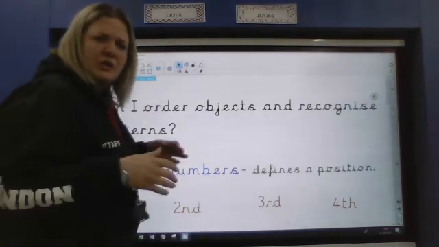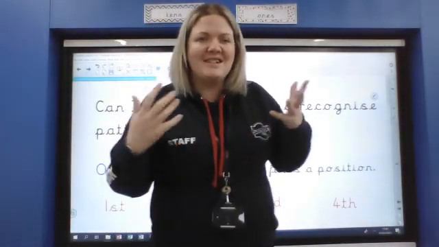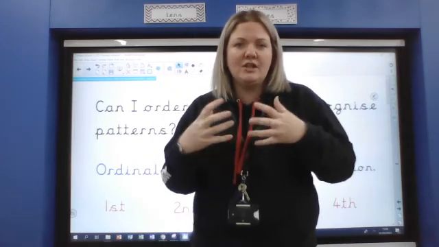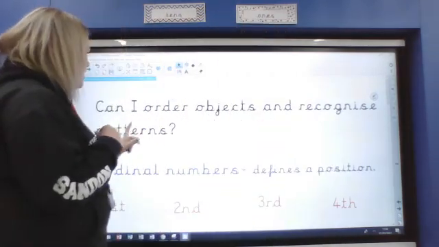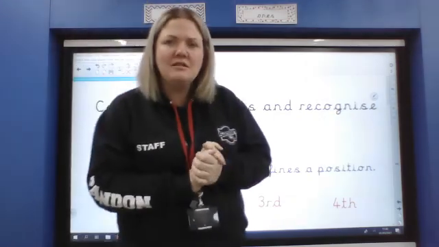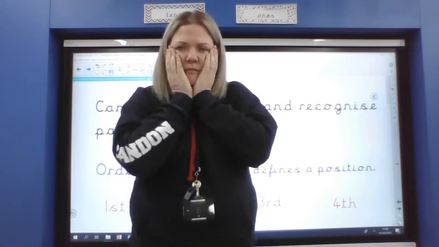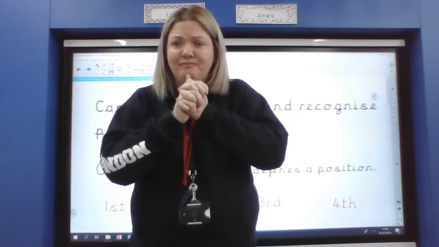How could we order things? We can order things by shape, by size, by biggest, smallest, lots of different ways that we can order things. And then we're also recognising patterns. So think about, what is a pattern? What does a pattern need to do to make it a pattern?